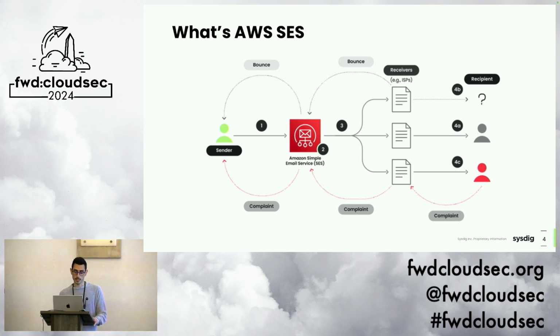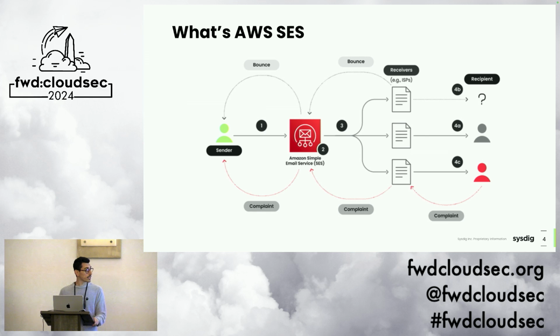The emails will be delivered to the recipient's receivers, and then the email will be dropped into the inbox of the receiver, which might not exist, or might exist, or the recipient might mark it as spam, and so the feedback will be sent back to the sender. So far so good, not much news, right?